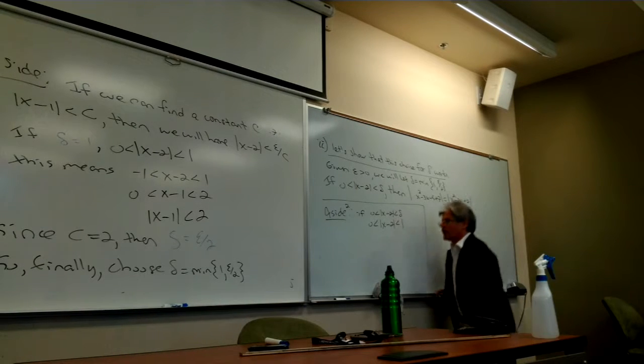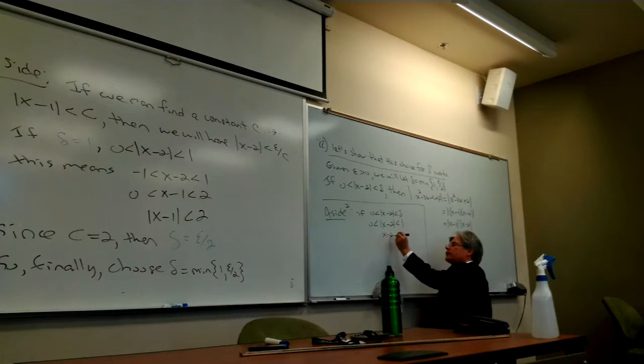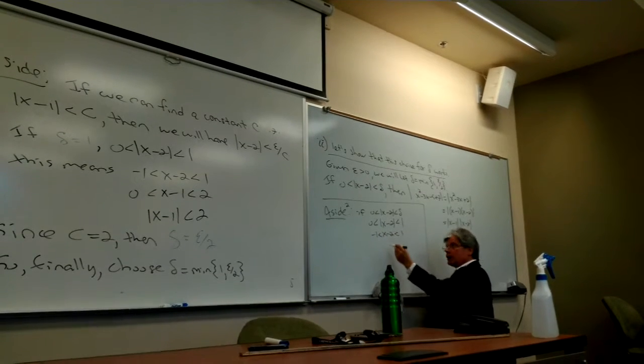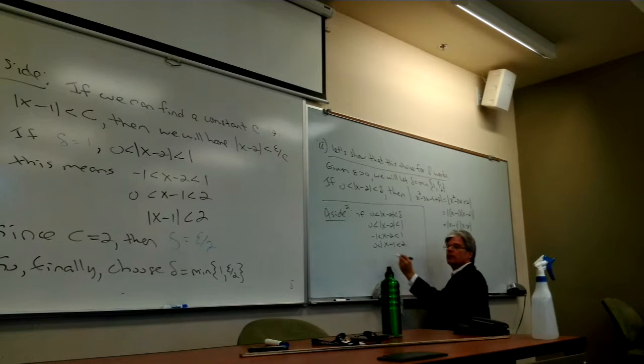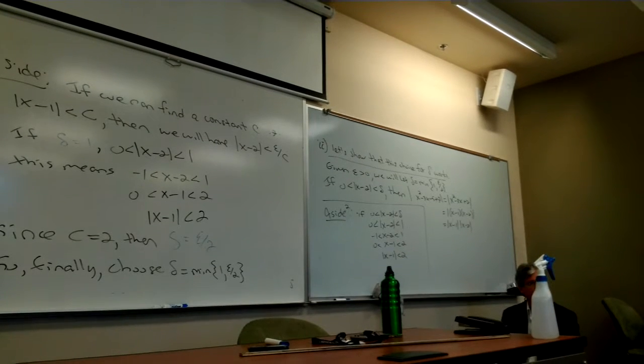Then that suggests the absolute value of x minus 2 is between 1 and -1. It implies x minus 1 is between here and here, and the absolute value of x minus 1 is simply less than 2. What do you think so far?